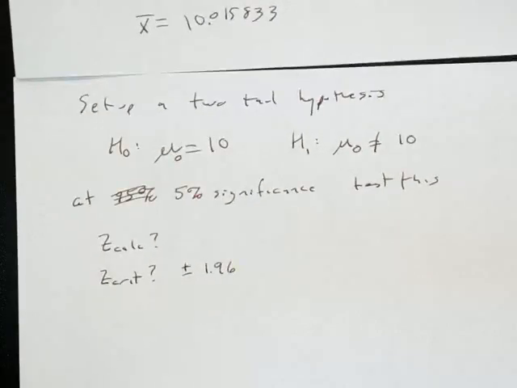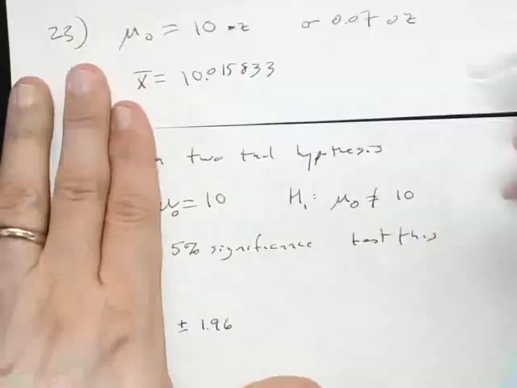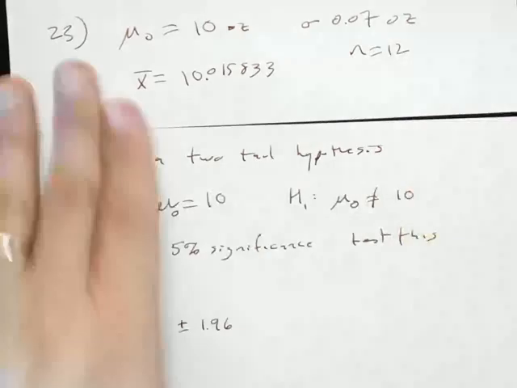What's the calculated one? Were we given n? Yes. How many bottles did we do? It's in the problem. There were a dozen bottles. I didn't write it down, though, so good catch. N equals 12.